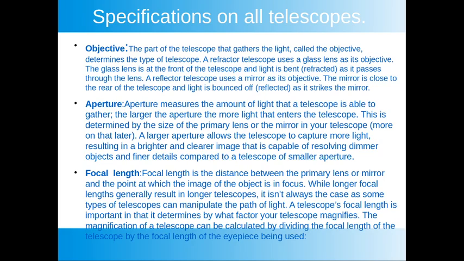So the objective can be defined as the part of the telescope that gathers light. As we said earlier, a refractor telescope uses a glass lens as its objective. The glass lens is placed at the front of the telescope and light is bent as it passes through the lens.